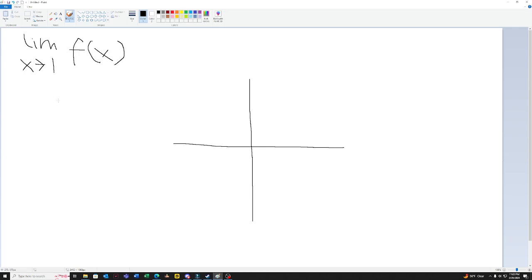Now, the trick is f of x equals x, but x does not equal 1.